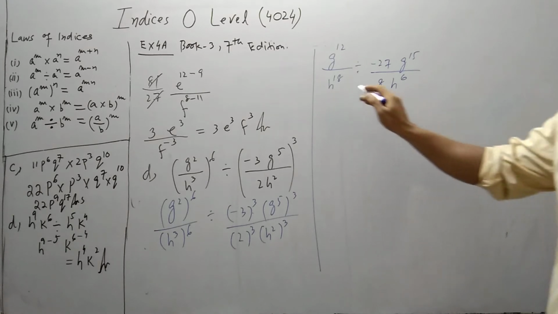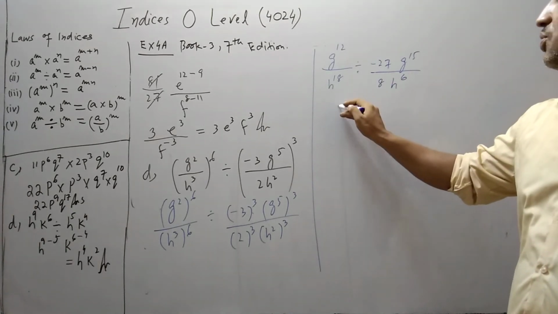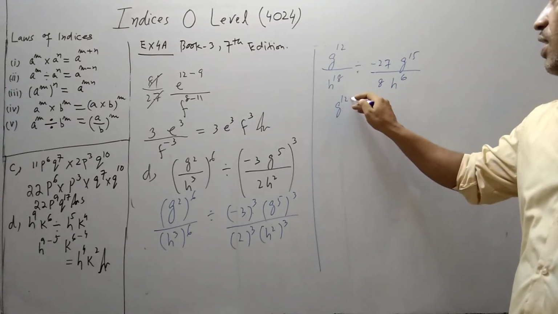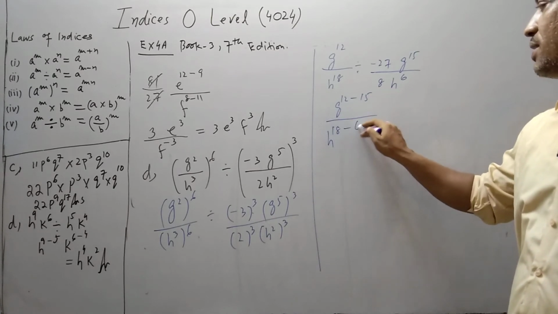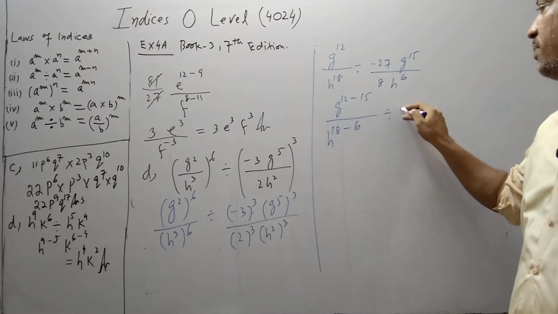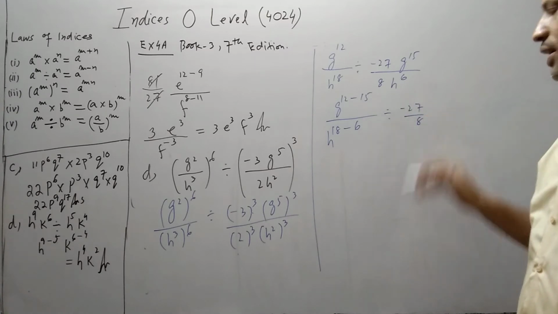So the final answer is g^(12 minus 15) upon h^(18 minus 6), divided by minus 27 upon 8.